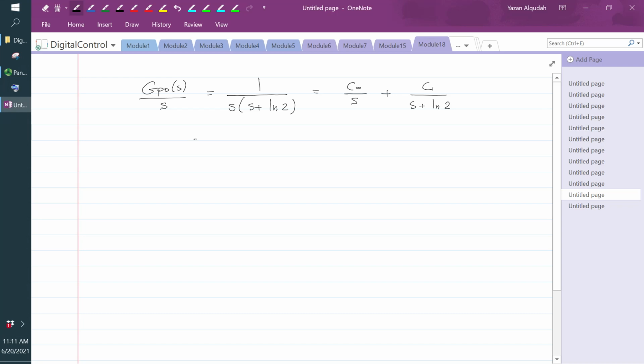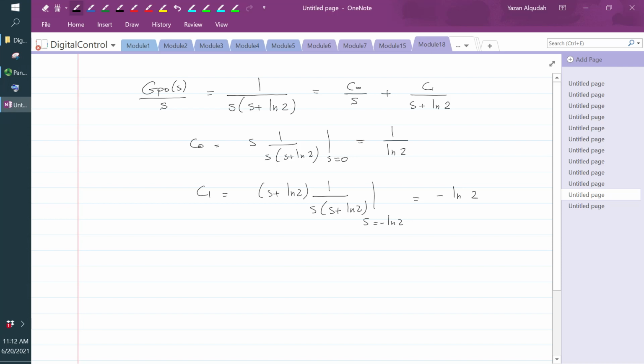We're going to calculate c0 as s multiplied by 1 over s multiplied by s plus natural log of 2 when s is equal to 0, and this is going to equal 1 over natural log of 2. c1 is going to equal s plus natural log of 2 multiplied by 1 over s multiplied by s plus natural log of 2 when s is equal to negative natural log of 2, and this is going to give me negative 1 over natural log of 2.